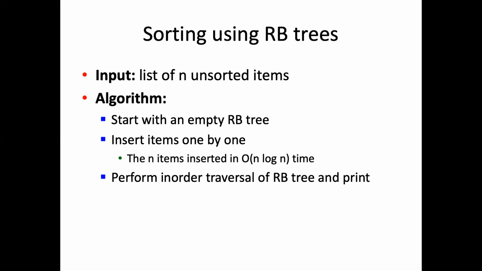Okay, is that clear? And what's nice is that it does this in n log n time, which is exactly what we can do with any of the best sorting procedures, right? So this is very efficient. It's just an extra feature of red-black trees. This is not what you would typically want to use it for, but we know we can use this.